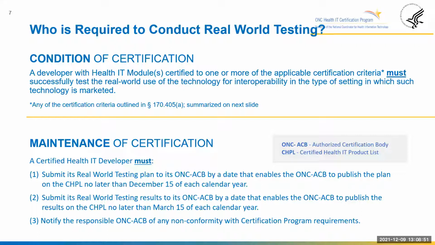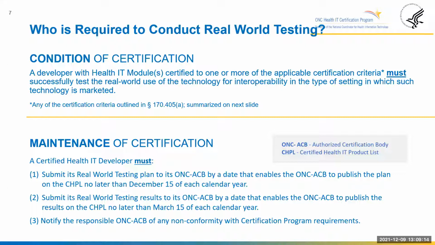As a part of the condition of certification, we have maintenance of certification requirements where the health IT developer must submit a real-world testing plan to its ONC ACB by the date that the ONC ACB has identified to enable them to be sure that the URL to the plan is publicly available on Chapel by December 15th of each year.